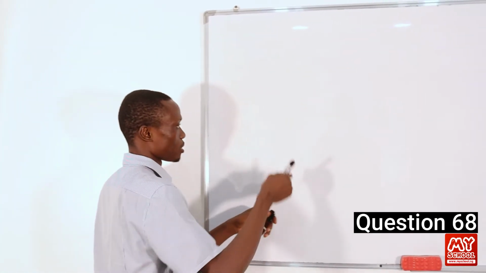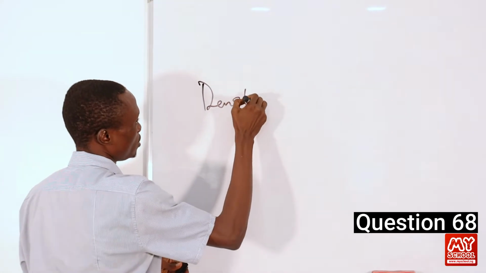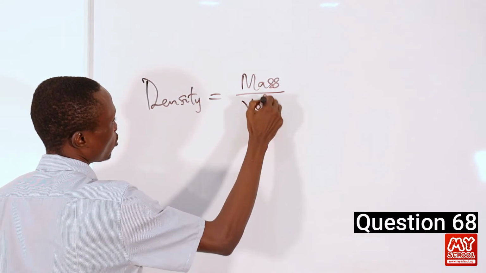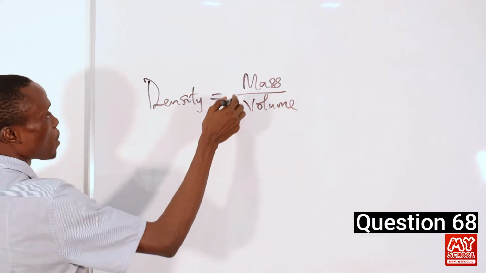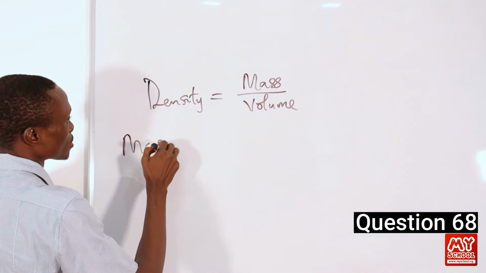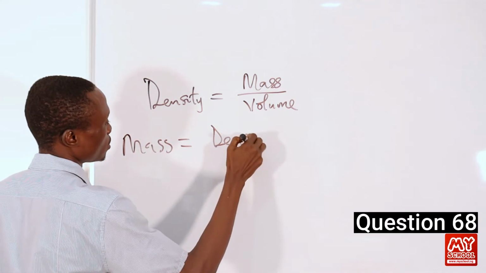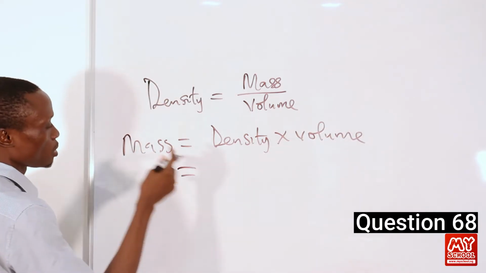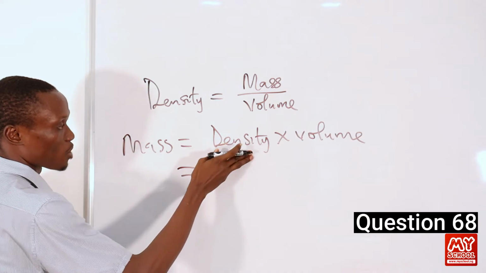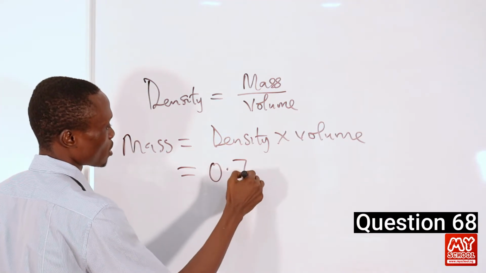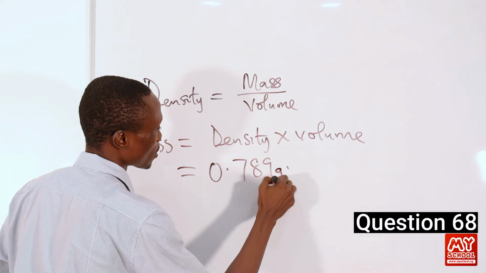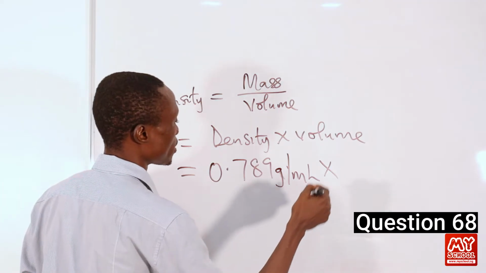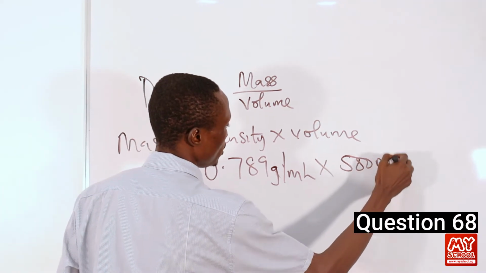So we know that density is given as mass over volume. But since we are calculating for mass, we just cross multiply. So mass now equals density times volume. From the question on the board, we are given the density of ethanol to be equal to 0.789 grams per milliliter, times the volume of ethanol, which is 500 milliliter.